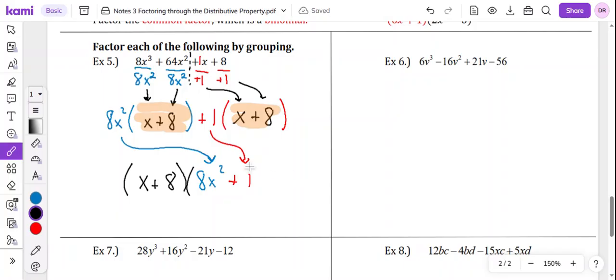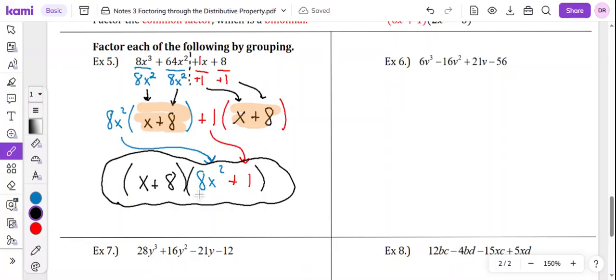And factor by grouping is going to work this way every time to where we end with two, what we call binomial factors, two sets of parentheses that have two parts each. And that is the key. Getting these matching parentheses is key each and every time.